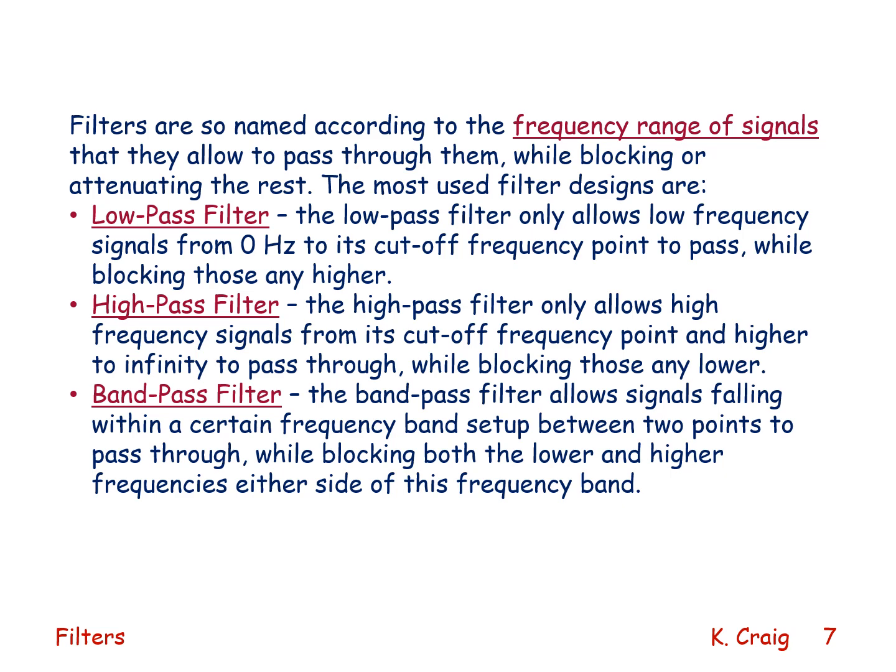The high-pass filter only allows high-frequency signals from its cutoff frequency point and higher to infinity to pass through, while blocking those any lower. The bandpass filter allows signals falling within a certain frequency band set up between 2 points to pass through, while blocking both the lower and higher frequencies either side of this frequency band.